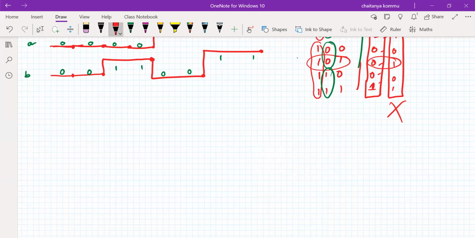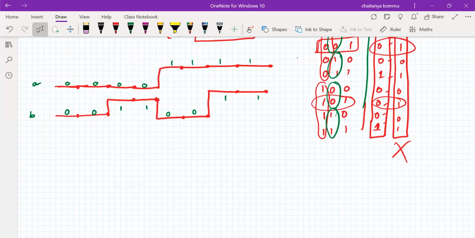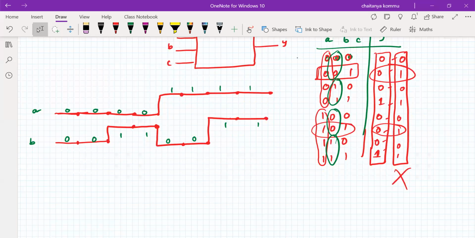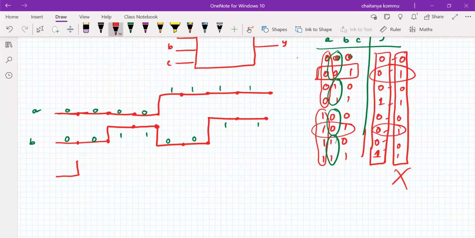I hope you understand this point. Fine. Now what about C? Every time it is changing, right? So this is 0, 1, 0, 1, 0, 1, 0, and 1.